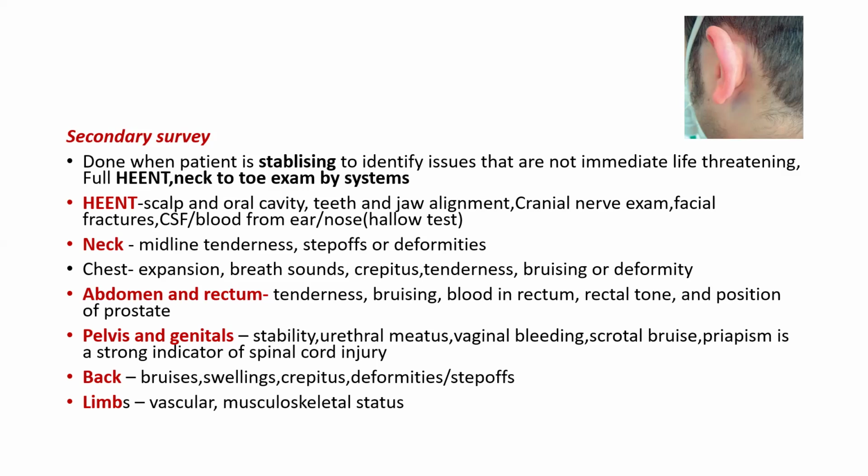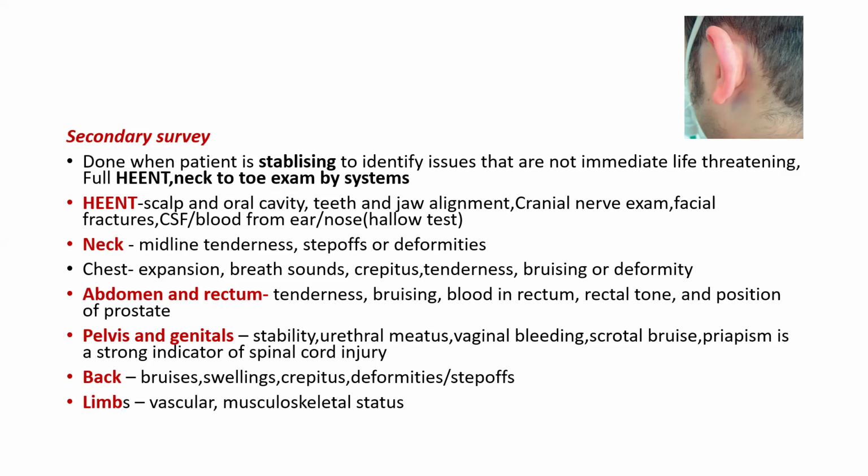For the neck, we are looking for midline tenderness. We are looking for step-offs. You are palpating to look for step-offs, which could indicate fractures of the cervical spine, or we are looking for deformities. For the chest, we are looking at the expansion. If there is equal chest expansion, you are looking for breath sounds.